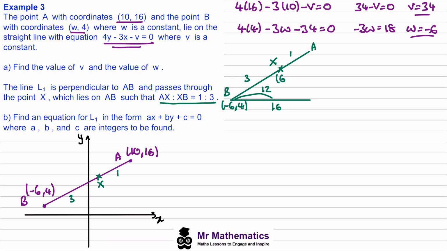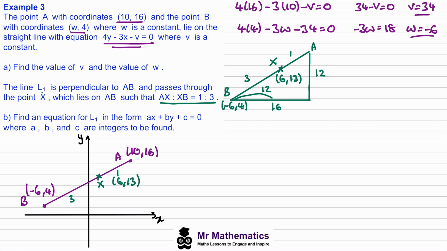This will be 6. Similarly, if we look at the change in y, from 4 to 16 is a change of 12. Divide this by 4 and we get 3. And then move 9 up from 4 and we get 13. So we know the coordinates of X are (6, 13).